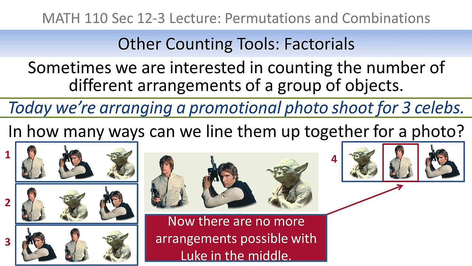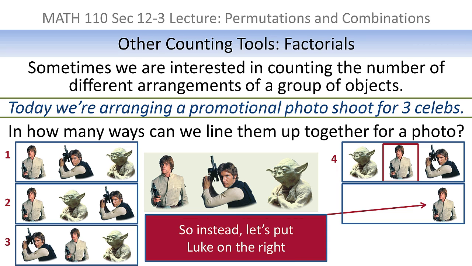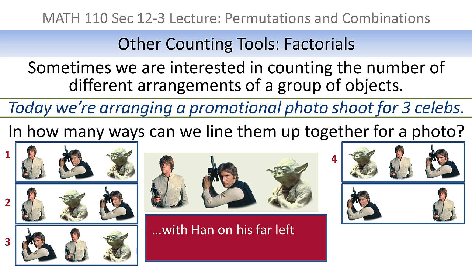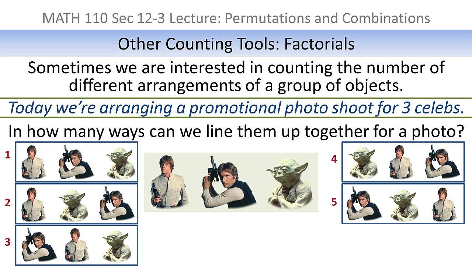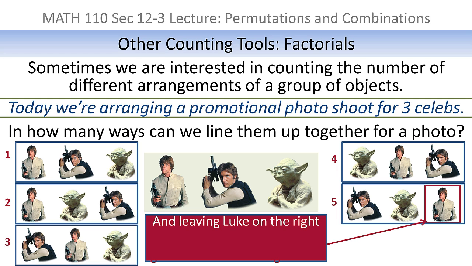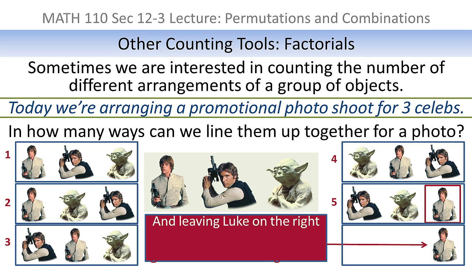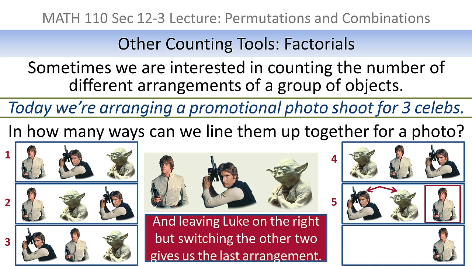So the next thing would be to push Luke to the right. If I do that, I can put Han first and Yoda second to give me a fifth arrangement. Or, leaving Luke where he is, I can switch Han and Yoda and put Han first, Yoda second. Again, keeping Luke on the right.